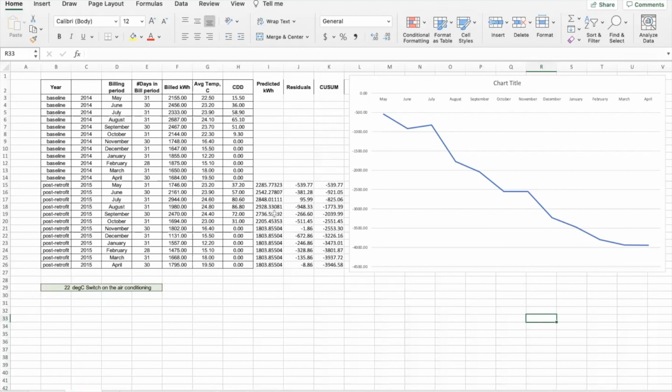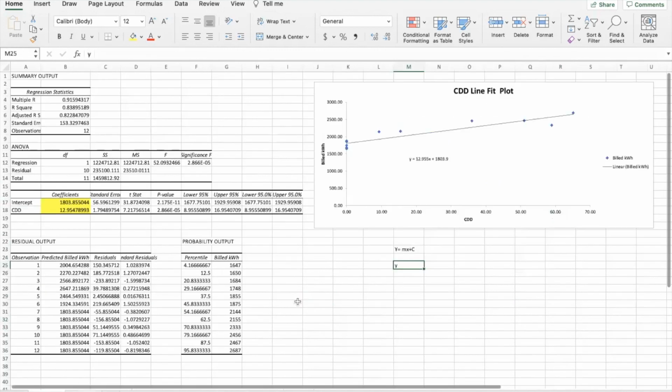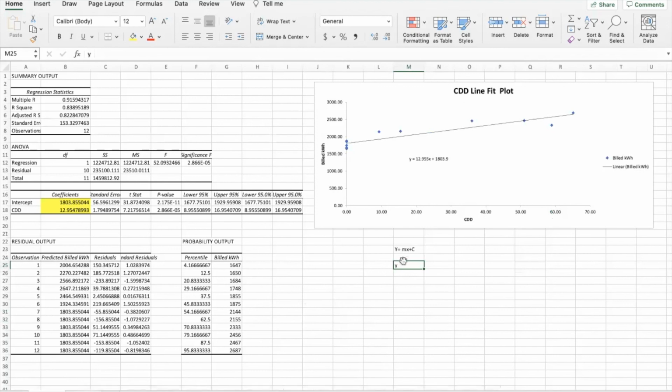So, any more questions? Okay, one more time, can you explain the predicted value, in place of y, what are we putting, in y equals mx plus c? So what is c, what is y in the predicted energy consumption? Okay.